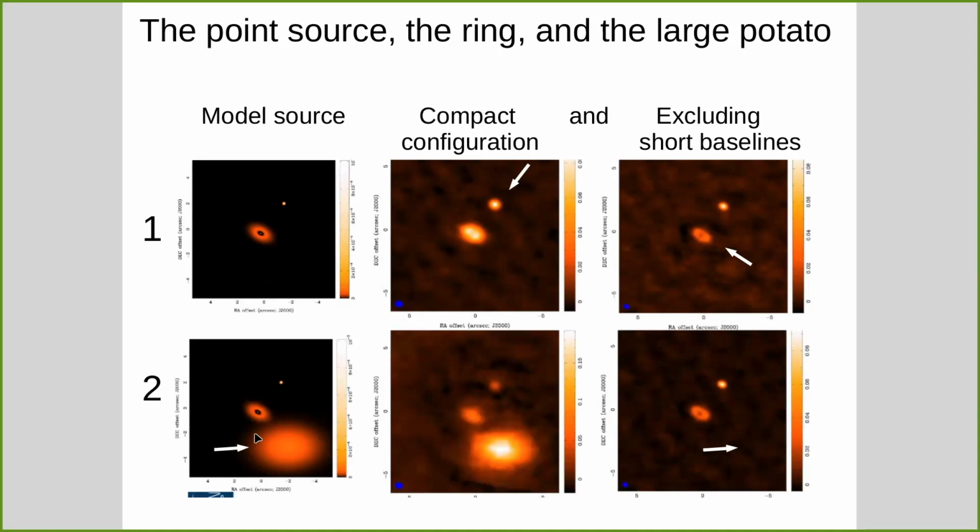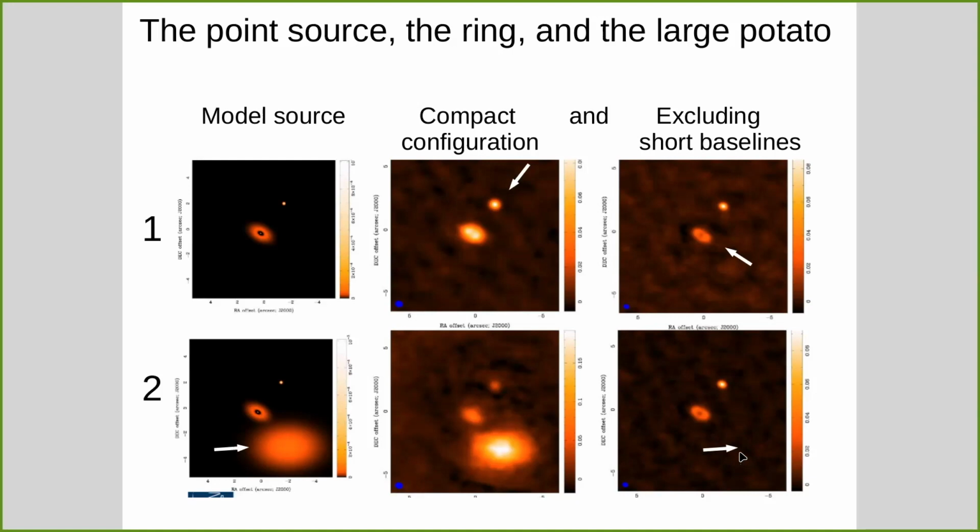If I observe this with a compact configuration, I can retrieve more or less the model of the source, but you see some kind of artifacts around there, but at least you recover the three sources. And now, if I do the same trick and remove all the short baselines, something dramatic appears: this extended source has completely disappeared. You don't see it anymore, because your interferometer is blind and you cannot see this one at all.